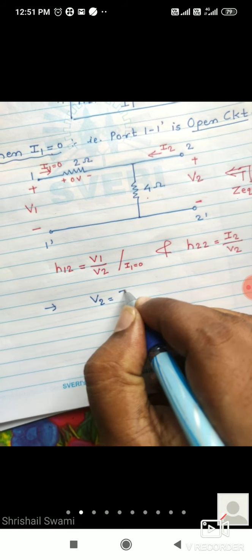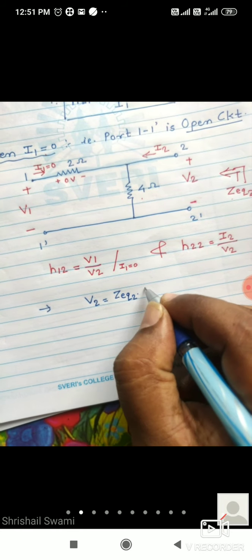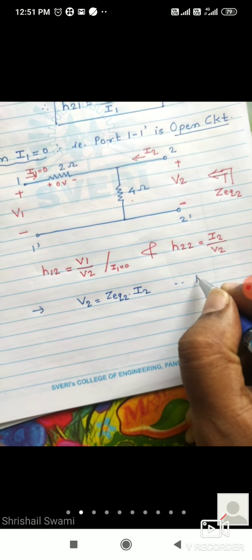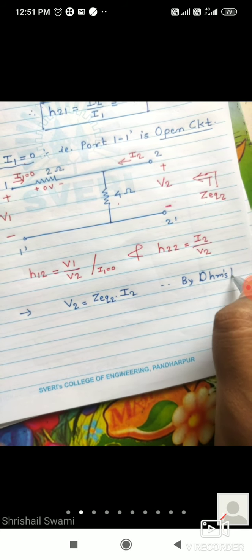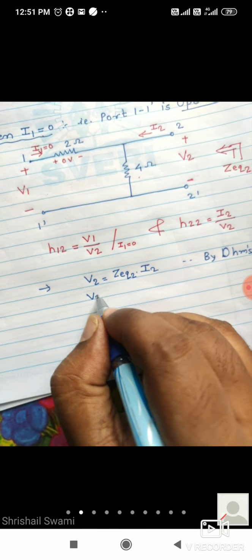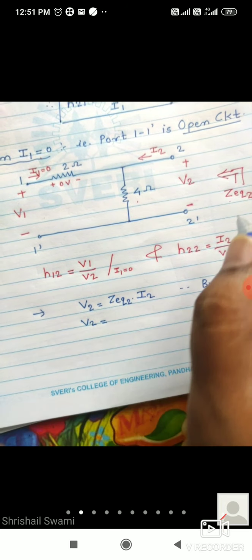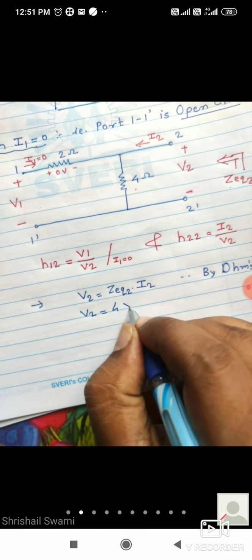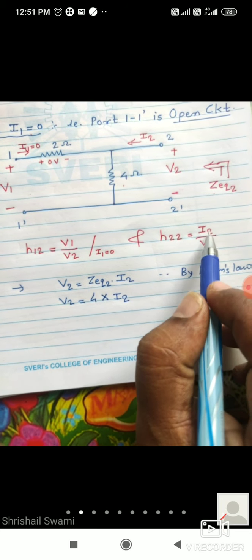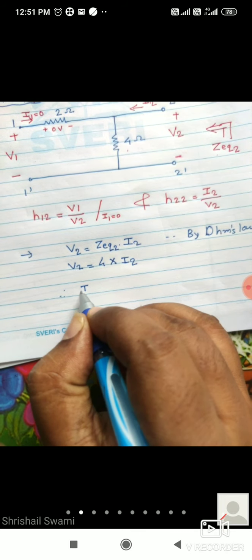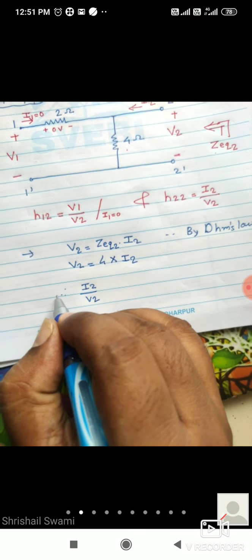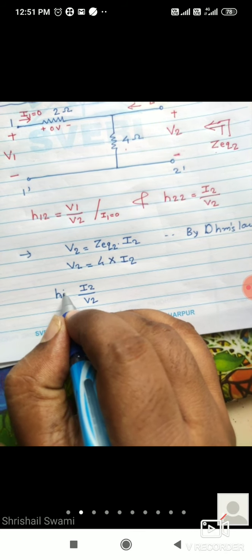So V2 is equal to Z equivalent 2 into I2, this is by Ohm's law. So what is Z equivalent 2? That is only 4. So V2 is 4 into I2. What we require is I2 upon V2, and that is nothing but H22.